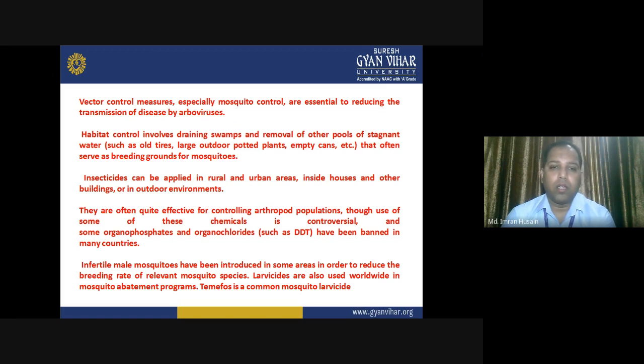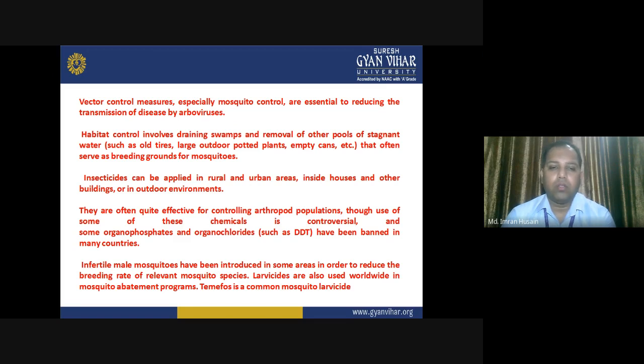Insecticides can be applied in rural and urban areas, inside houses and other buildings, or in outdoor environments. They are often quite effective for controlling arthropod populations, though the use of some of these chemicals is controversial. Some organophosphates and organochlorides such as DDT have been banned in many countries.